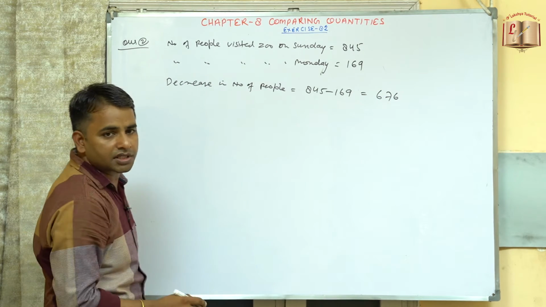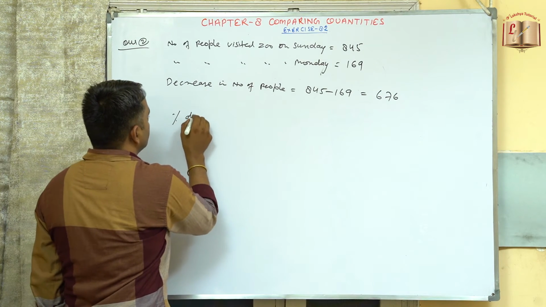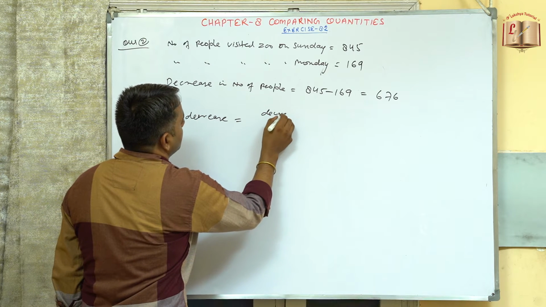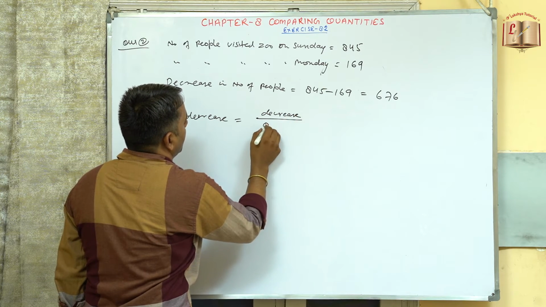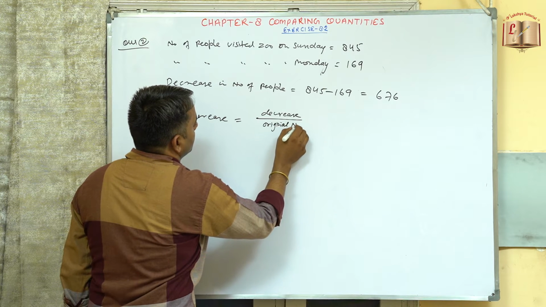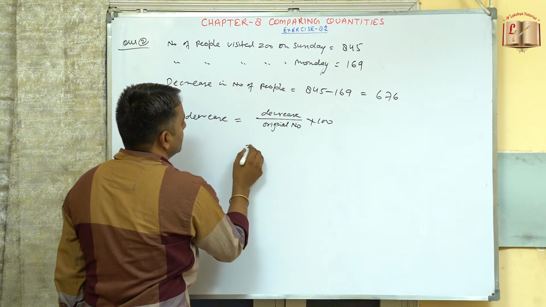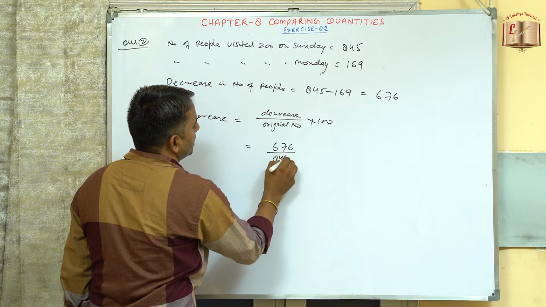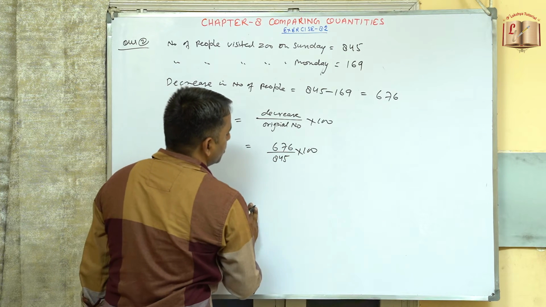Now we'll find out the percentage decrease. So percentage decrease will be equal to decrease divided by original number into 100. So decrease is 676 divided by original 845 into 100.